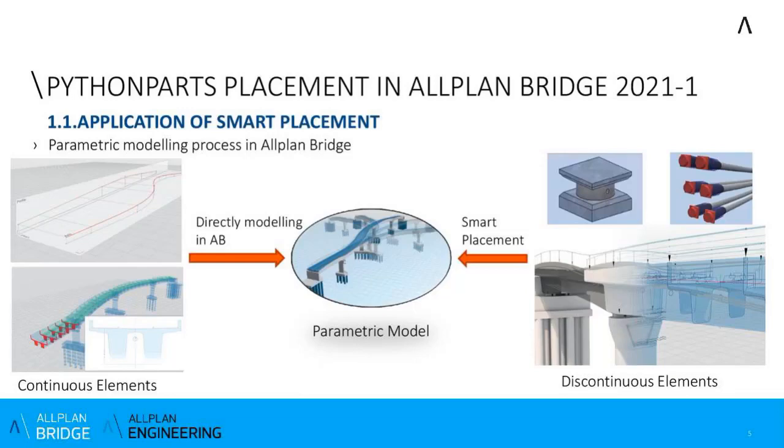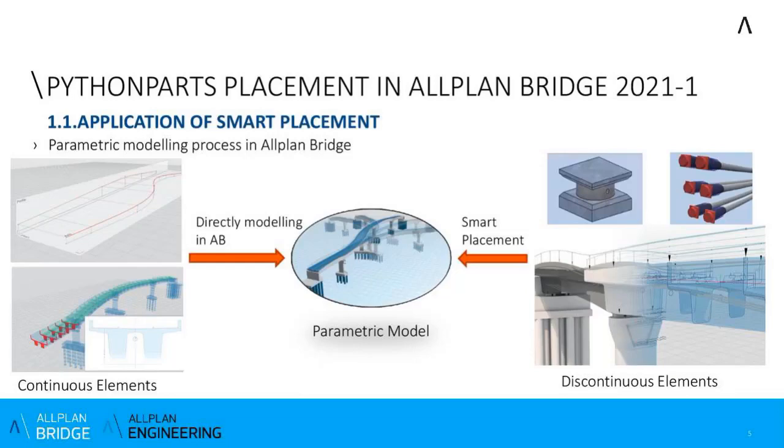But there are some special objects, like bearing support and tendon, that you cannot model in Allplan Bridge directly. But Allplan Bridge gives the smart placement, and you will use this tool to place the location of these objects correctly, and this is usually used for continuous elements.